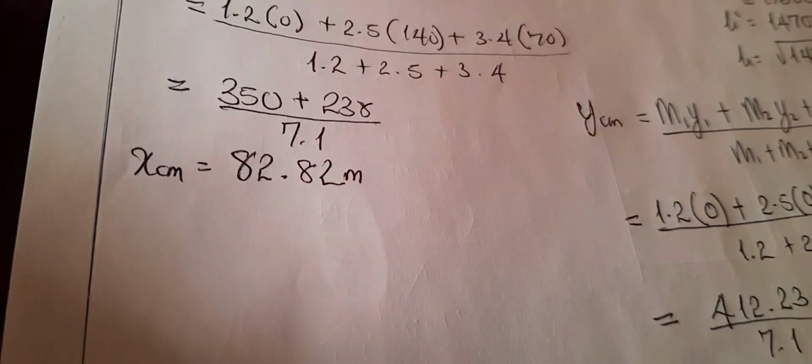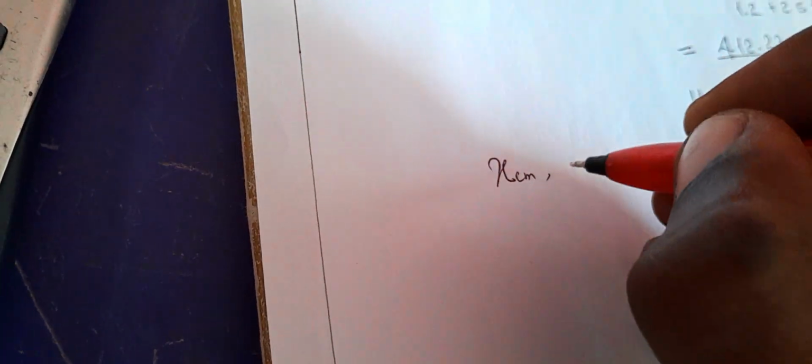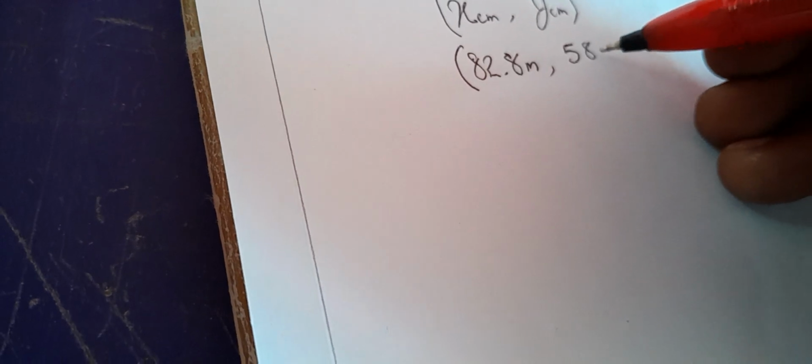So it means the center of mass, xcm comma ycm, these are the coordinates: 82.8 meter, comma, approximately 58.